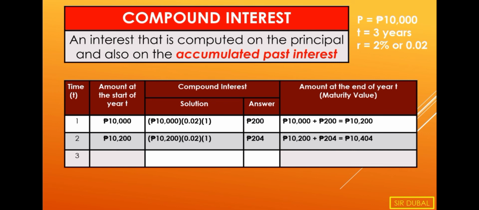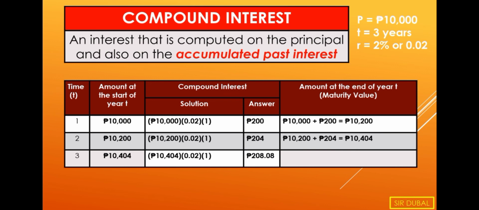For the third year, we are going to use that 10,404 pesos as the amount at the start of the year. Then solving for the interest, we have 10,404 multiplied by the rate, which is 0.02, multiplied by 1 for that specific year. The result is equal to 208.08.